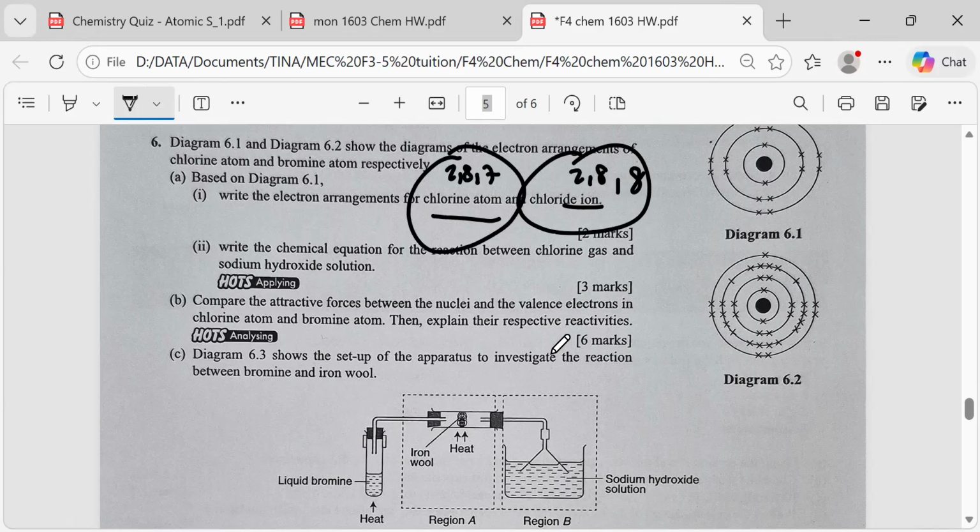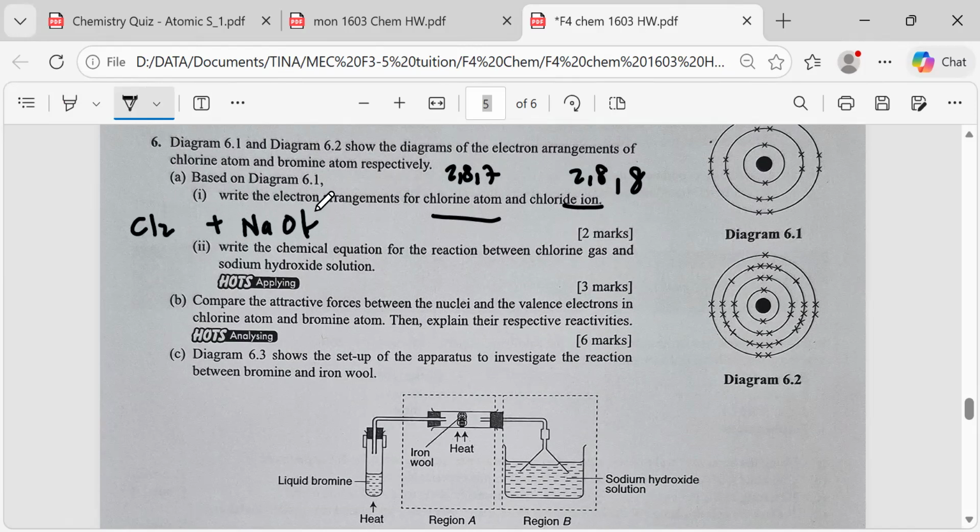All right. Write the chemical equation between chlorine gas and sodium hydroxide. So chlorine and sodium hydroxide, it forms something.